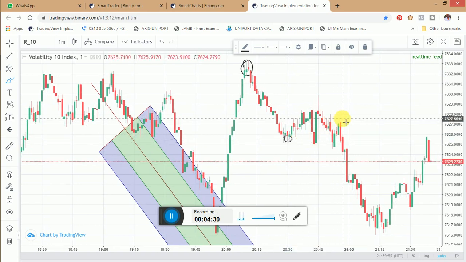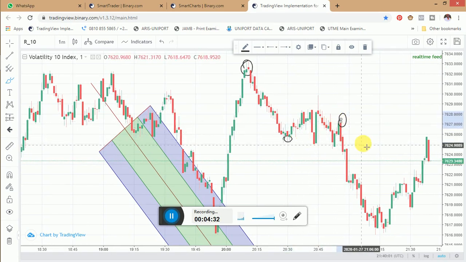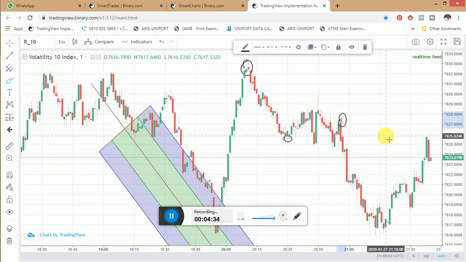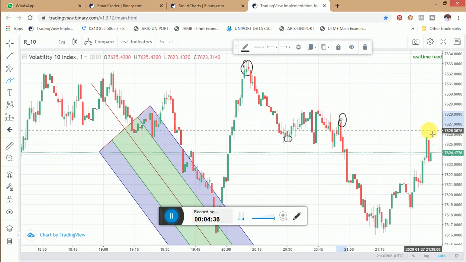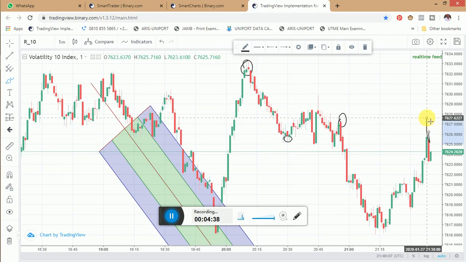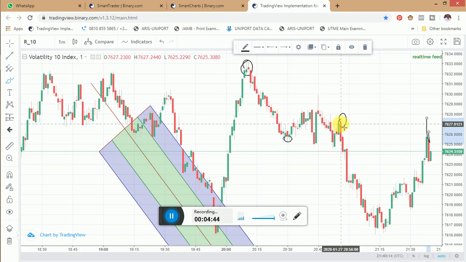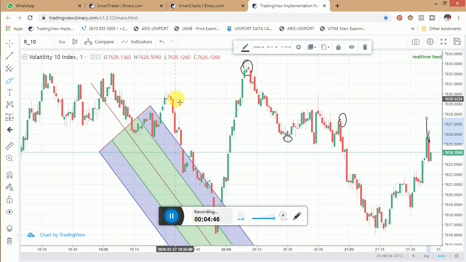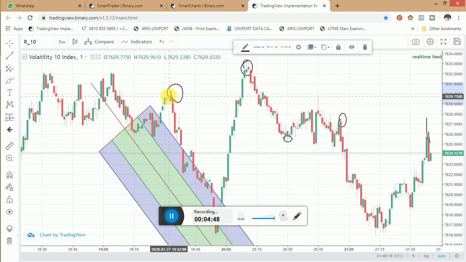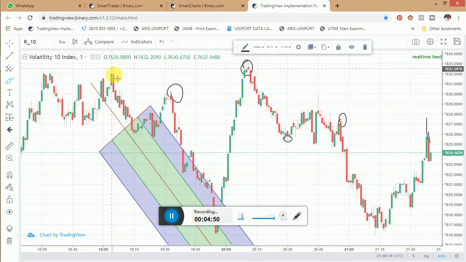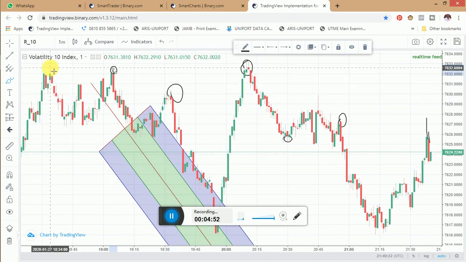And then at this point it started falling again, and then you can see that the trade here is proceeding upward. You notice that at this point the market fell, and then at this same point here the market fell. At this point here the market fell. At this point here the market fell.